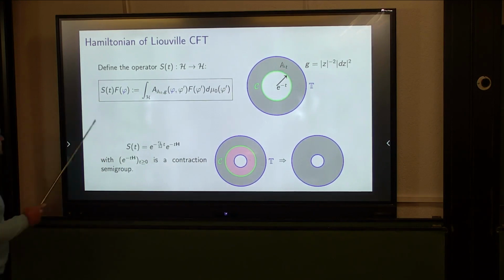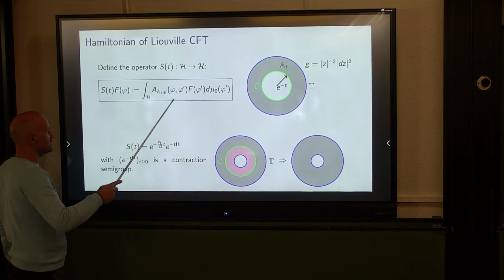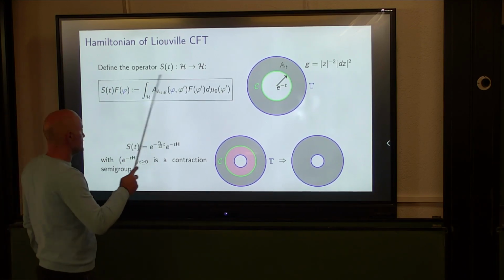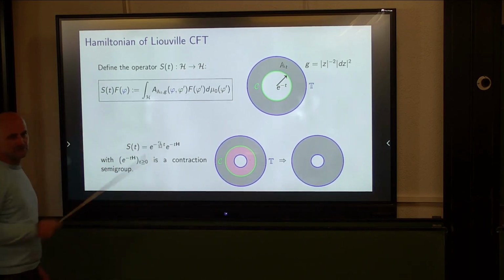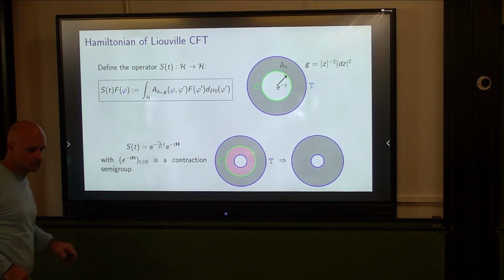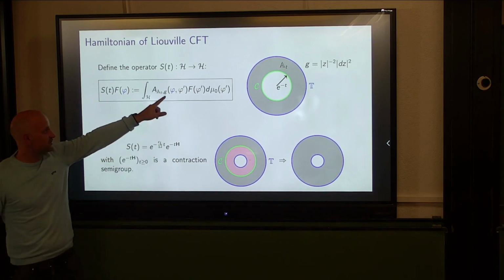And I can define an operator acting on my Hilbert space, just seeing the amplitude as an integral kernel. We have a probabilistic expression in terms of the GFF for this, but I don't want to give you too many formulas, so I will skip to this amplitude description.